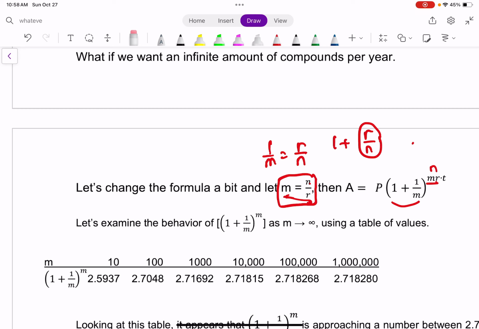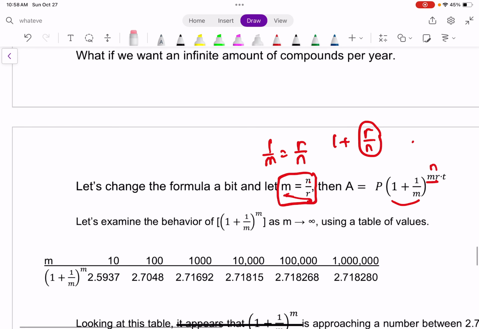So now if you look at this expression only, 1 plus 1 over m to the power of m, and you start putting in values for m into this expression. Obviously, we want more and more compounds. So the more and more we put in for m, and you can put this in your calculator, as you see, the answers you get are not getting to be too large. They start sticking to the same type of value.